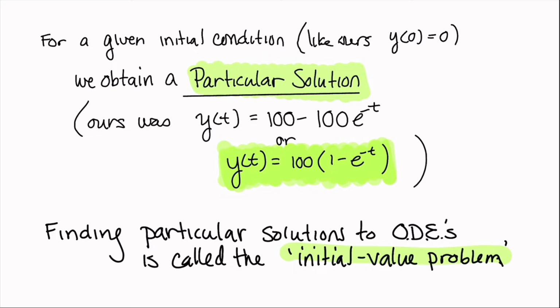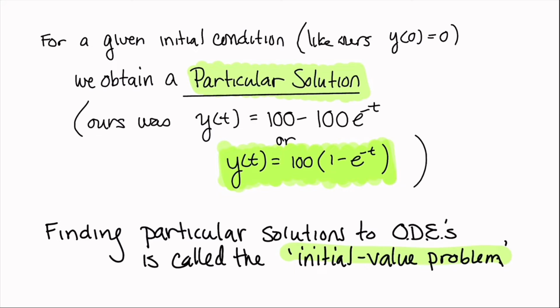Our given initial condition again is when time is 0, the percentage learned is 0. So when we want to get our particular solution for our equation, we use the variable t equals 0, plug it into our general solution, and we find here that our c value is negative 100. Our arbitrary constant c is negative 100.